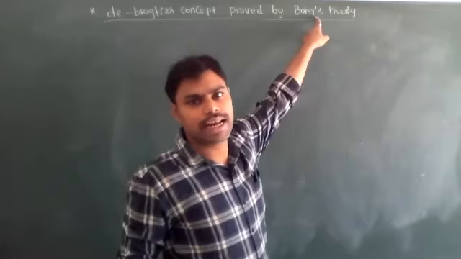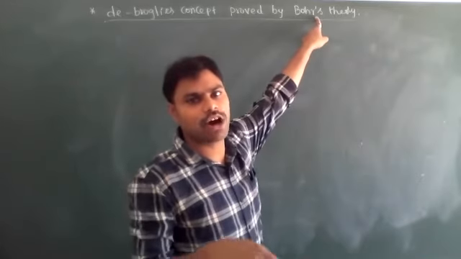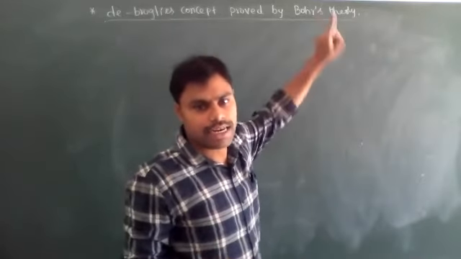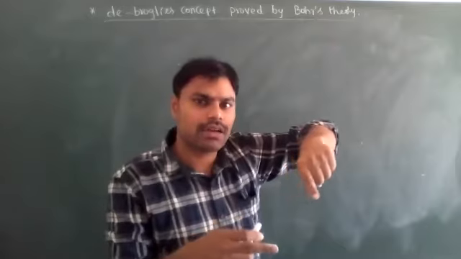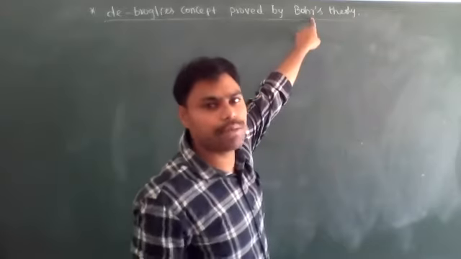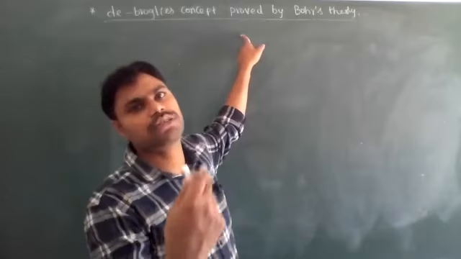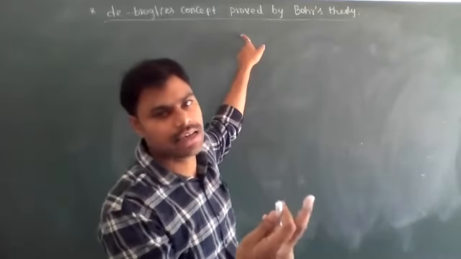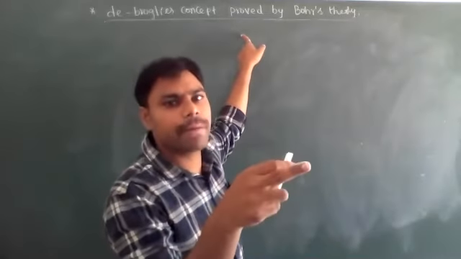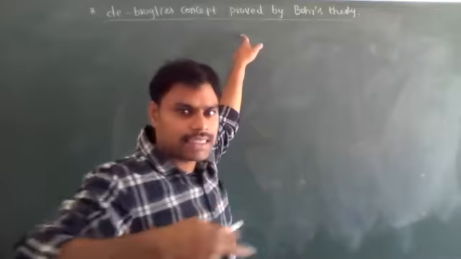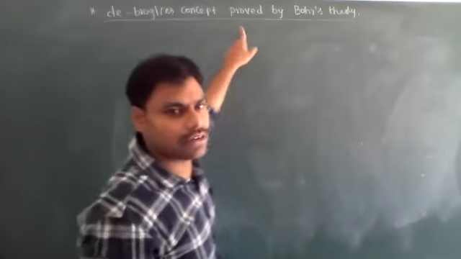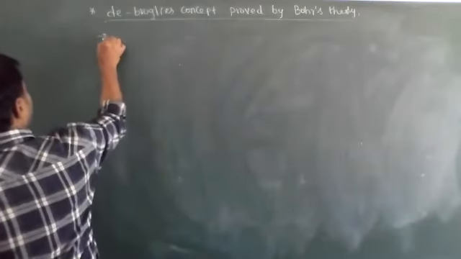Bohr introduced that electrons revolve around the nucleus in circular orbits. How they revolve in that orbit, he thought maybe particle nature, but de Broglie introduced the dual nature concept, that electrons, the microscopic particles, revolve around the nucleus in a wave nature.